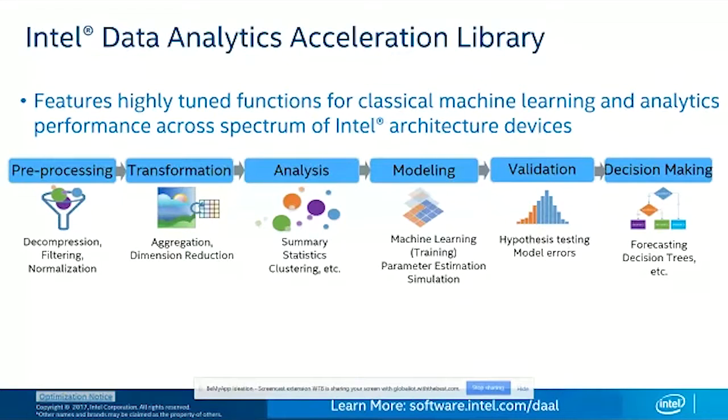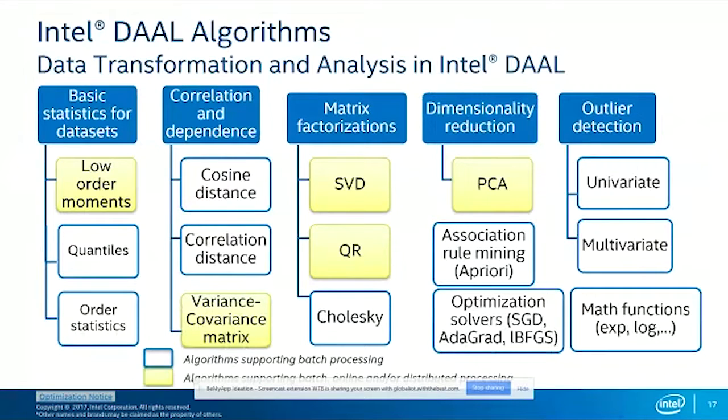applications. So here we just provide a list of a few of the functions. One of the basic functions provided by Intel DAAL is data transformation and analysis. All of this library is focused on data statistics functions and some correlations, for example, the cosine distance and correlation distance.